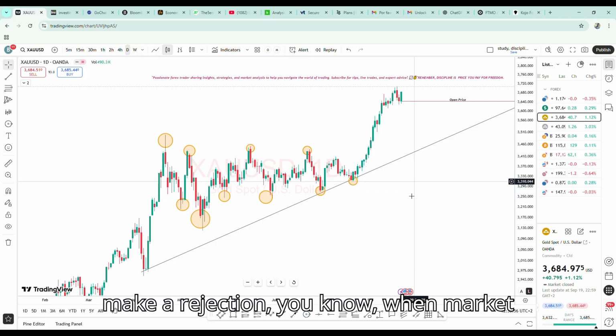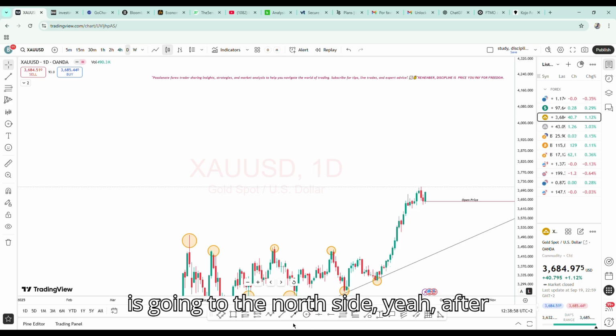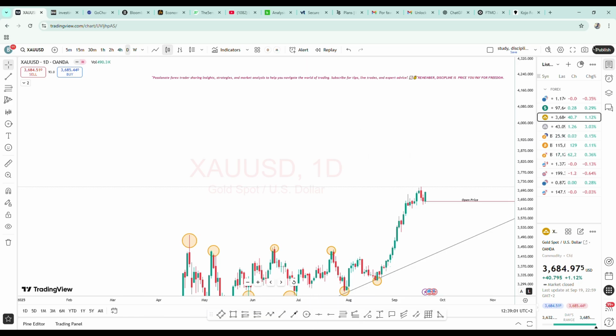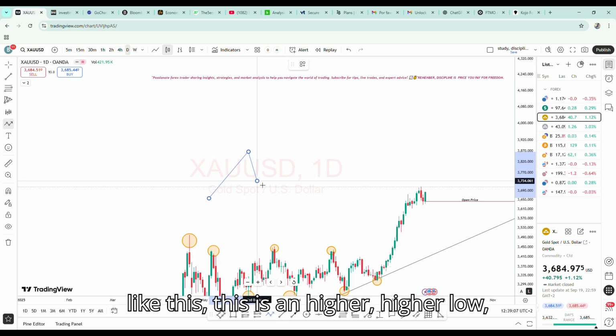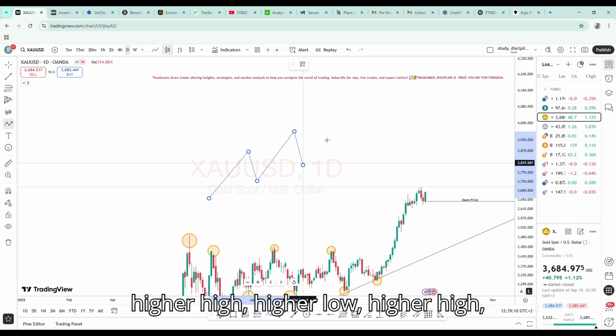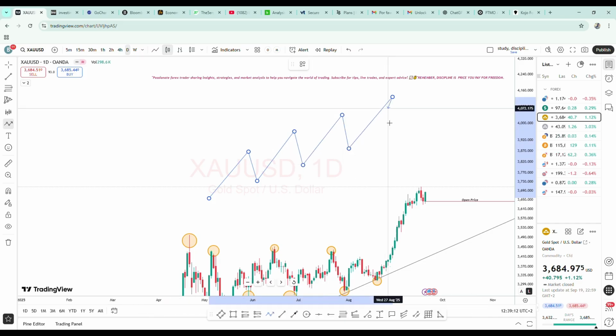When the market is going to the upside, after you identify your trend, for example, if you are in an uptrend, this is a higher high, higher low, higher high, higher low, higher high, higher low.